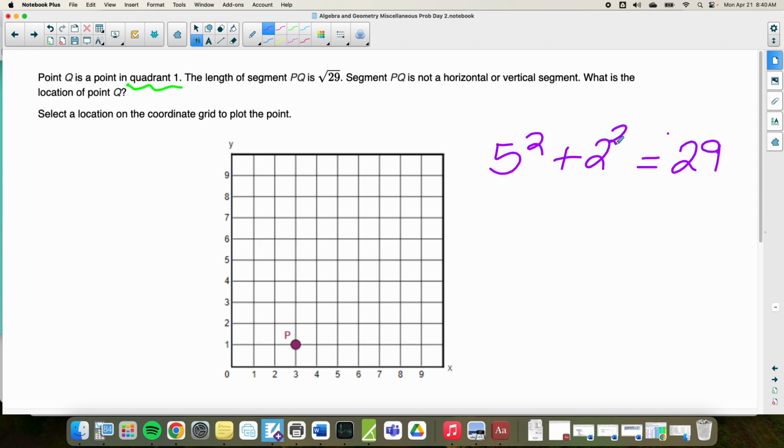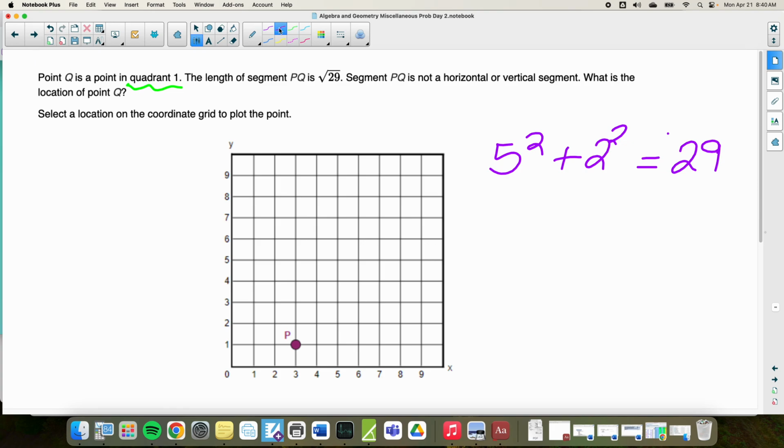What that means then is from this point, you're gonna have triangles where one leg is 2 and one is 5, and you wanna check all of them that end up in the first quadrant. There's 3 answers, and this one's open-ended, so any of those 3 would work, okay?